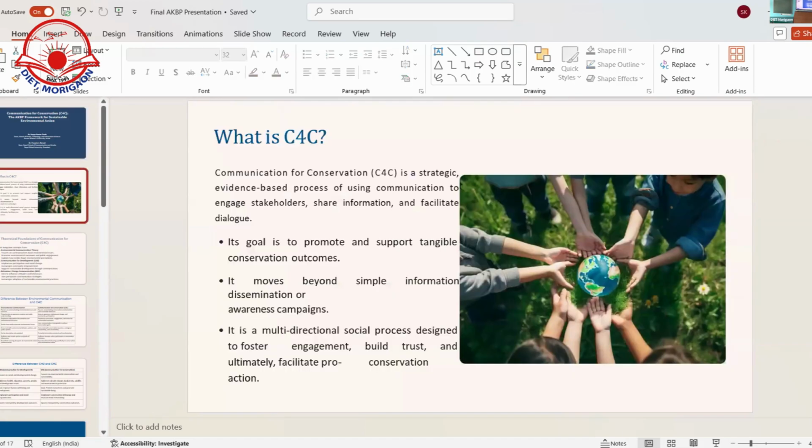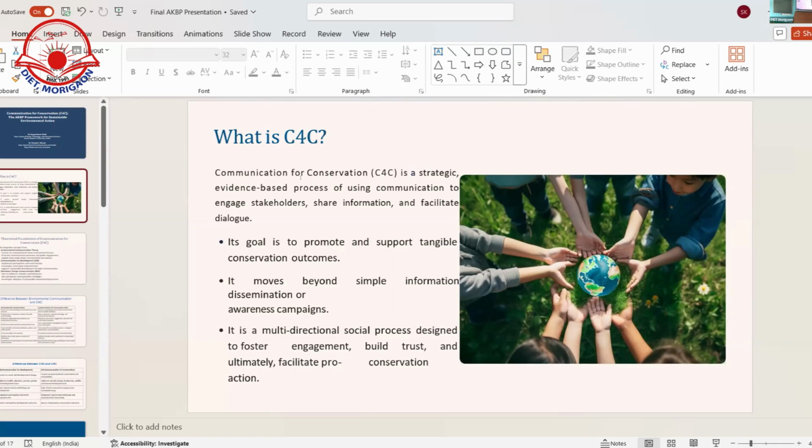So at the very outset, we would like to introduce you to the term C4C, Communication for Conservation. What is communication for conservation? Communication for conservation is a strategic, evidence-based process for using communication to engage stakeholders, share information, and facilitate dialogue.